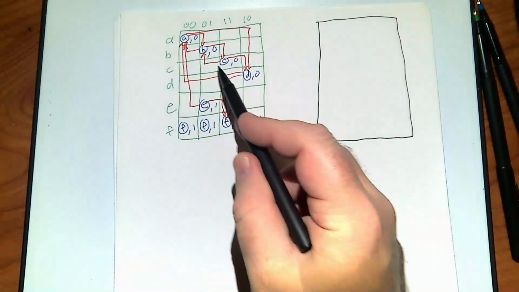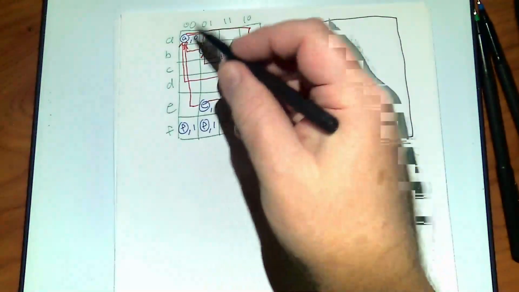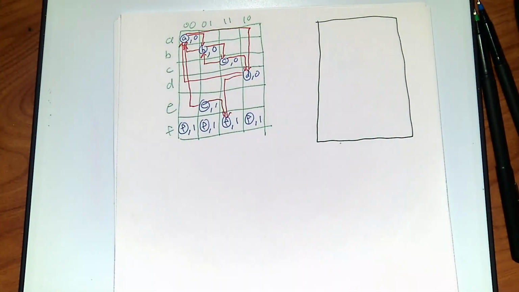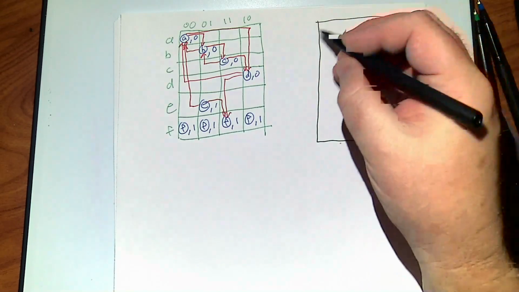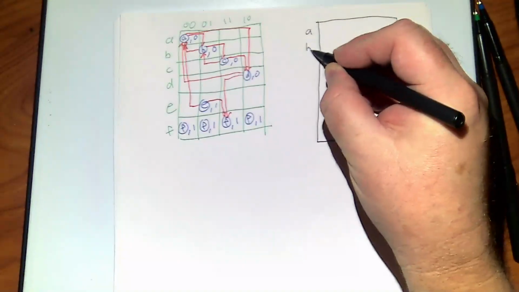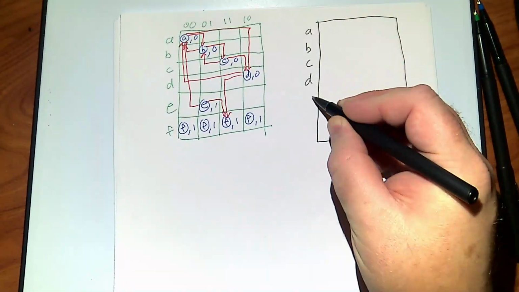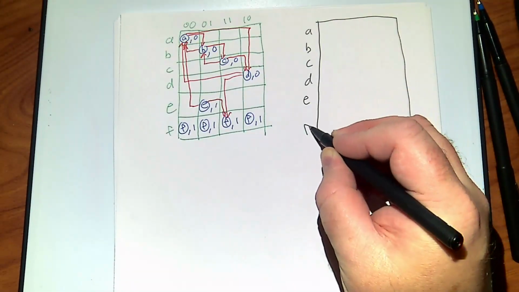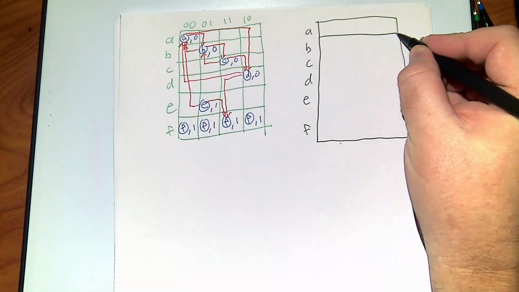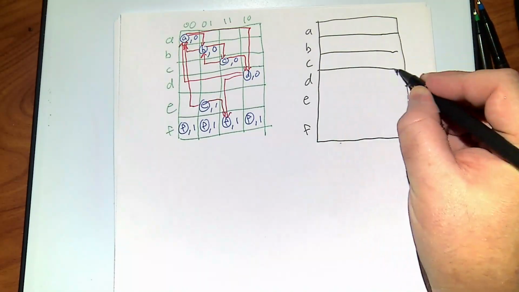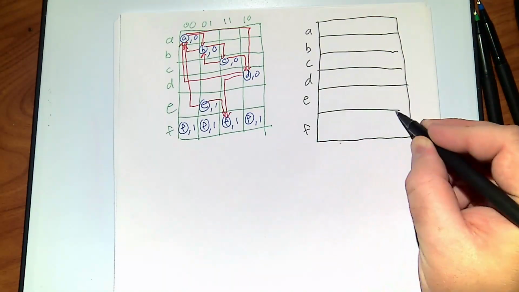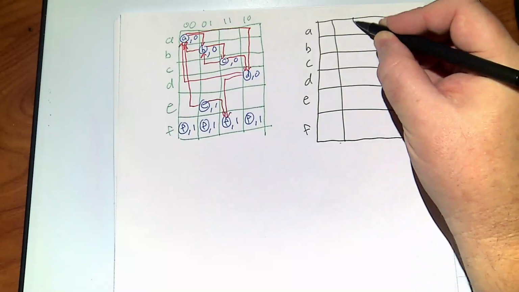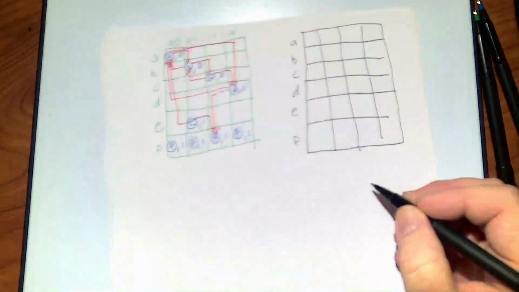This is nice because I've mapped my states and directly drawn them on a graph, and I can think about how my flows are going. This will end up producing, we want to get to a truth table at some point. So I'm going to take that and convert it into a more traditional looking table.